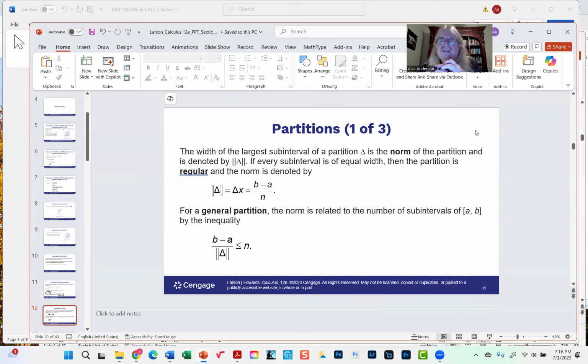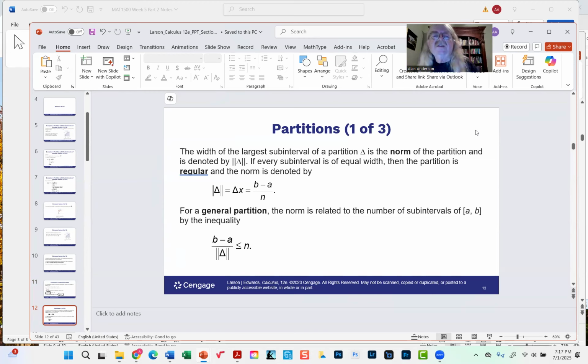This is something that you might see in linear algebra if you get to that point, where the norm here is basically, think of it as of all the intervals that you're using to calculate your definite integral, the largest of them all, the widest one, is considered to be the norm. In other words, the norm is the width of the largest interval under the curve.